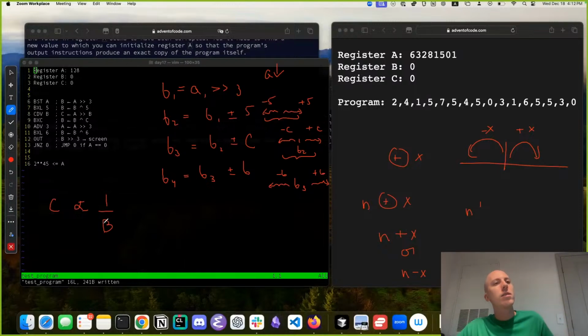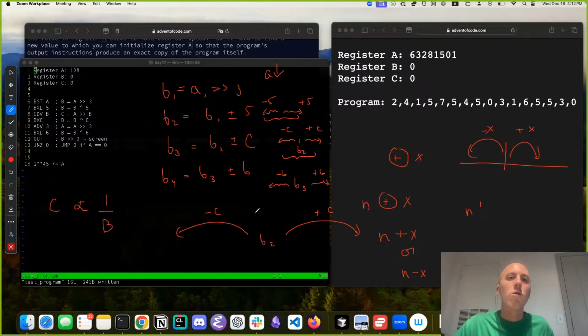Recall, if B is 0, then C could be big and B could really jump by C or minus C. If B is pretty close to 0, I would say.